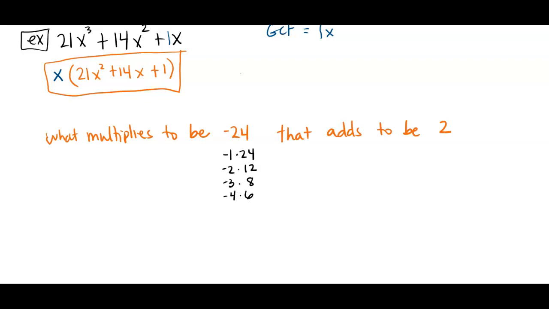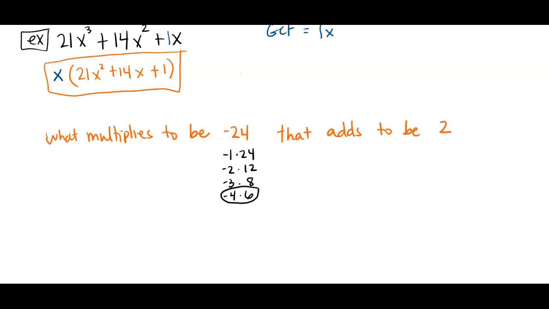But that negative could go with either the first number or the second number, but only one of my numbers could be negative for it to be a negative number. And this would be the only one that multiplies to be negative 24 that adds to be a positive 2. So negative 4 and positive 6.